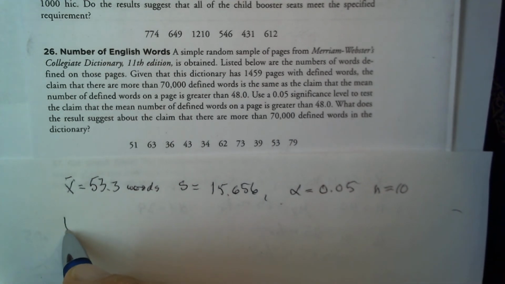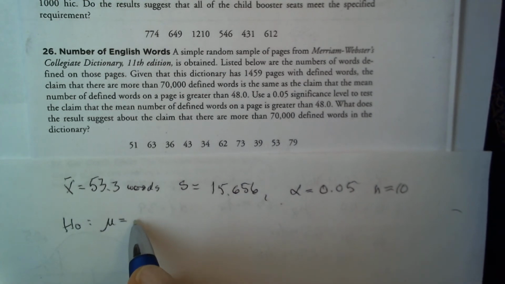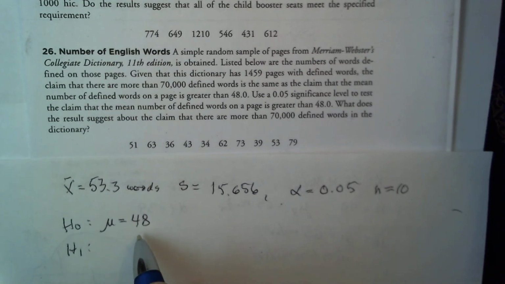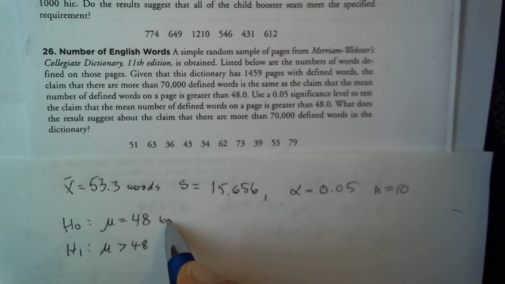So then our null hypothesis is that the mean is equal to 48 words. And the alternative hypothesis is that the mean is greater than 48 words.